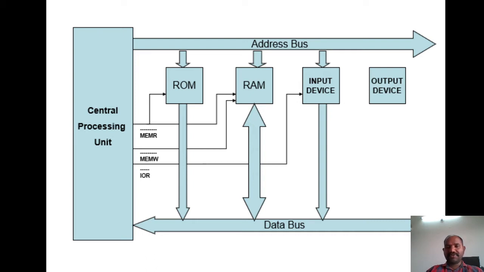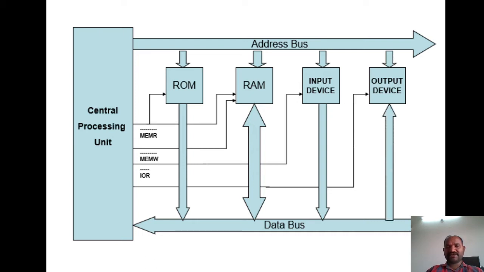Now let us see how exactly the output device is connected. Again, it is connected using the address bus, and its operation is controlled by the IO write signal, meaning input output write operation. The output device is connected to the data bus using a unidirectional bus, so it is always accepting the data from the central processing unit.